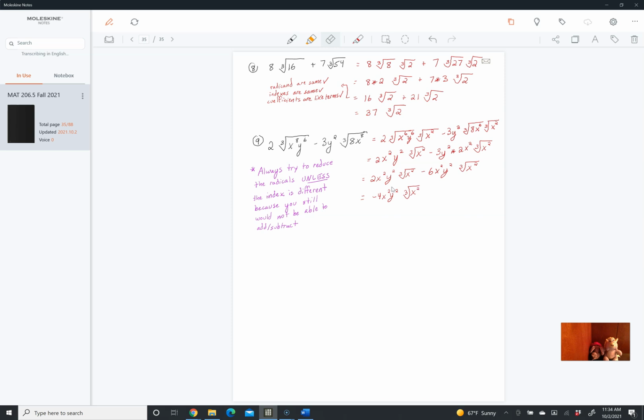So here, we checked our index. The index was the same. Always check that first. The radicands are the same here. And the coefficients are like terms.